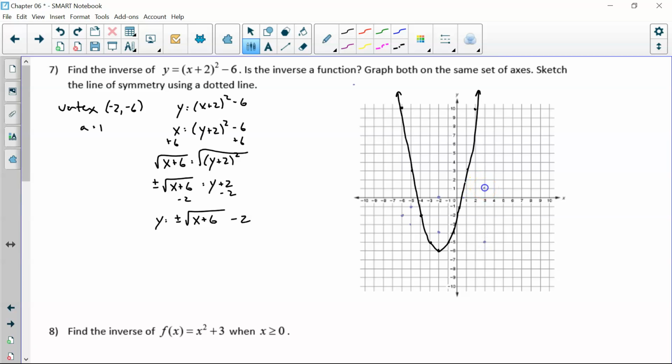Didn't go far enough, sorry. And that would be good enough. There is our inverse. And you can see it fails that vertical line test.